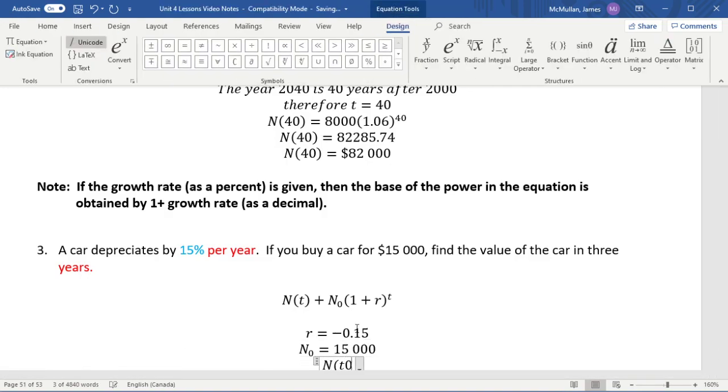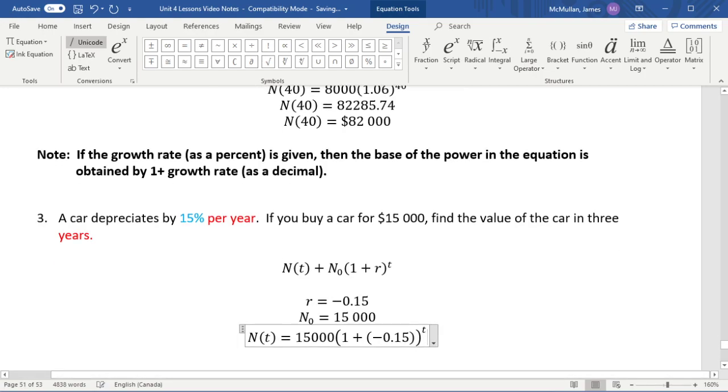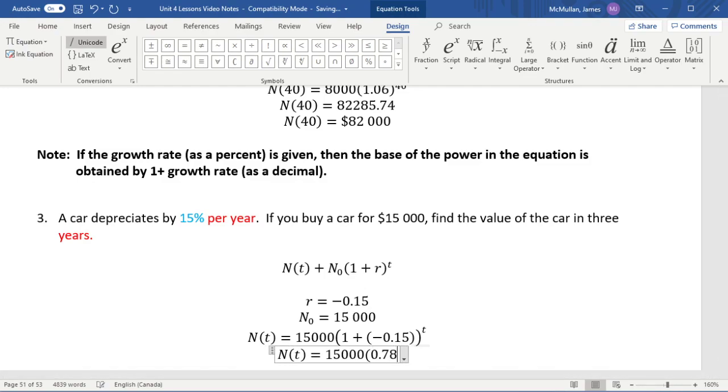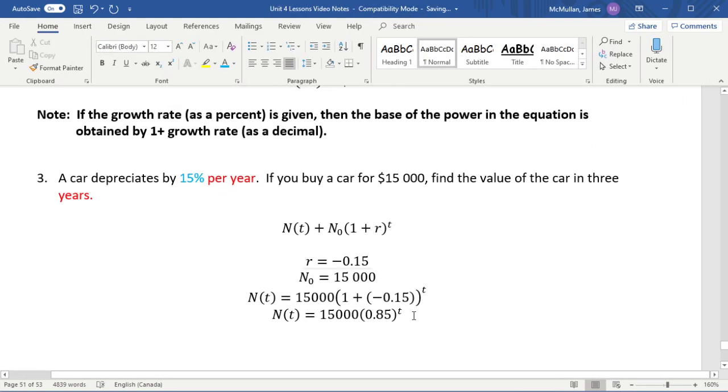So when we plug in the equation, we get the value of the car is equal to 15,000 times (1 plus negative 0.15) to the power of T. We can make that look a little easier: 15,000 times 0.85 to the T. So this is something that's going to lose 15% of its value every year. Again, all you have to do to answer the question is plug in 3 and see what you get.